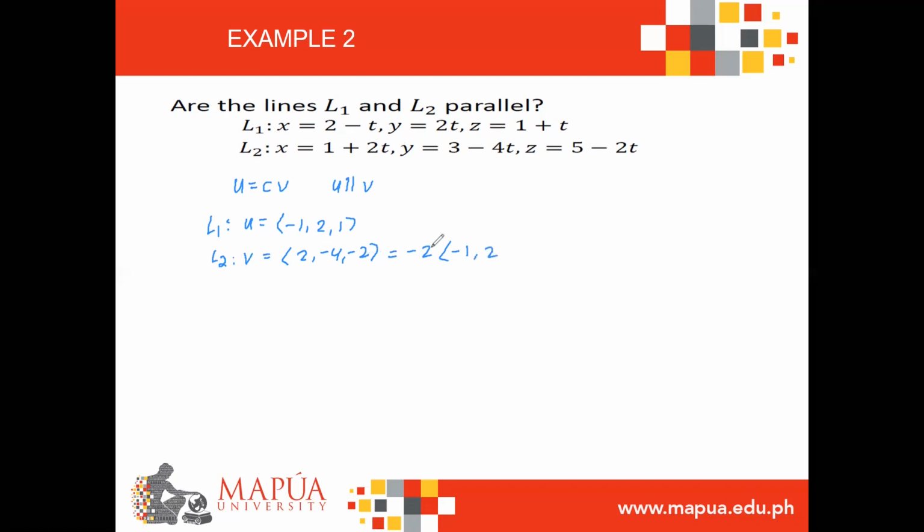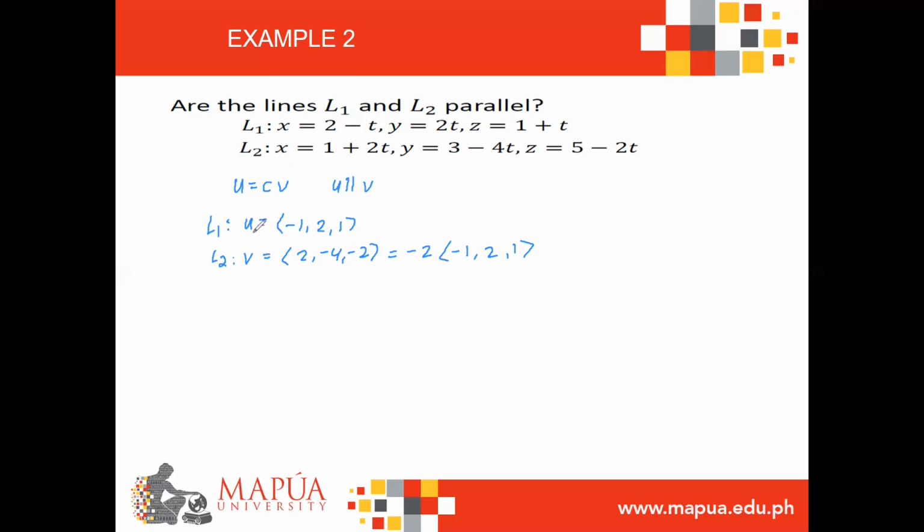Then -2 divided by -2 is 1. So let us check if we have the same components when we multiply -2 to the components of your vector. So we have -2 times -1 is +2, then this is -4, then this is -2.